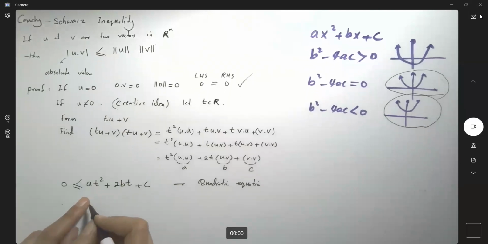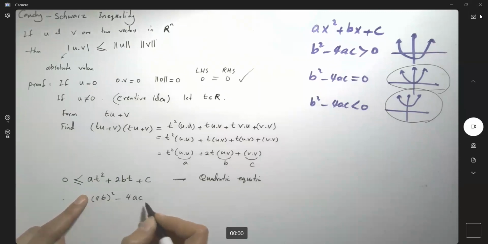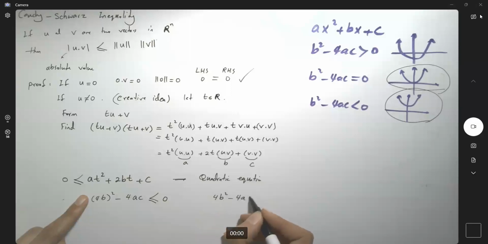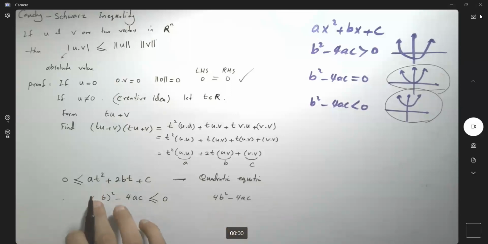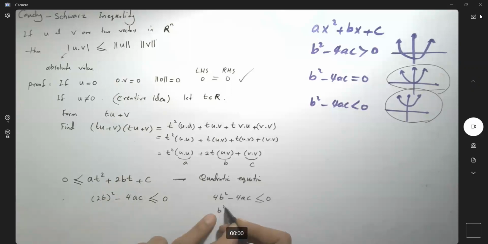So 4b squared minus 4ac is always less than or equal to 0. Just 4 should be outside: 4 times (b squared minus ac) is less than or equal to 0. Or you have b squared less than or equal to ac.